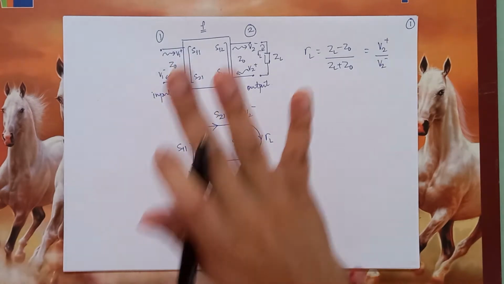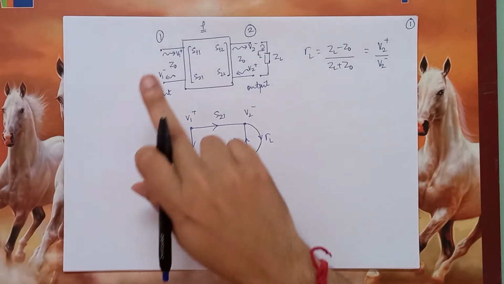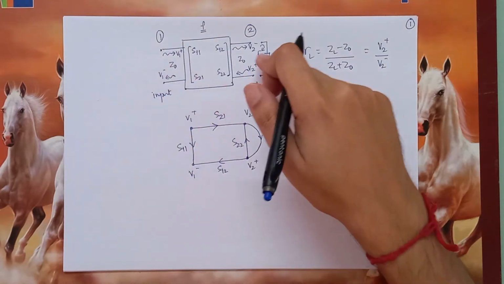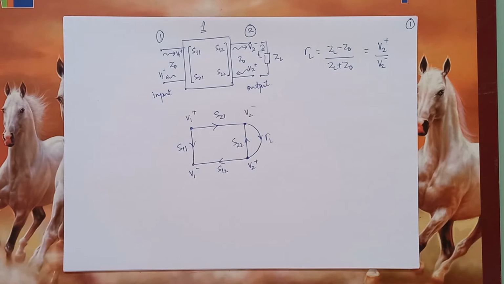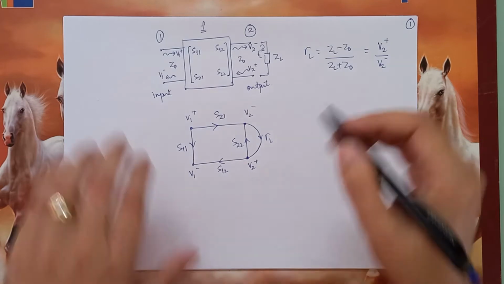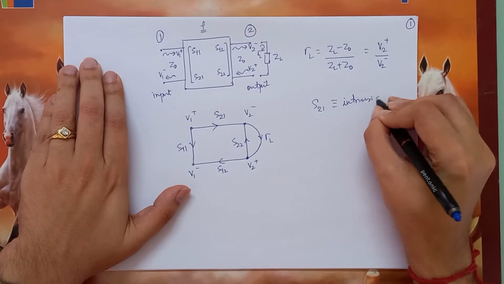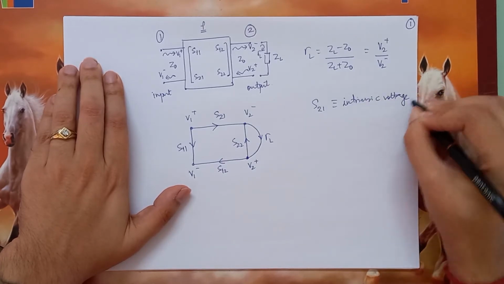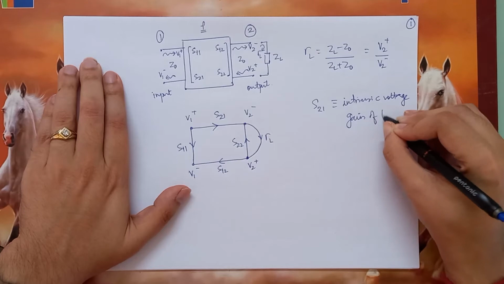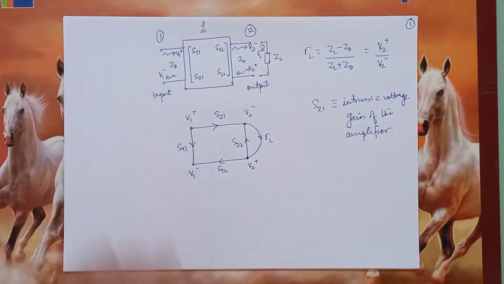In an ideal scenario, by virtue of the definition of the S parameters, any input at port 1 will cause some output at port 2. So the voltage gain of this amplifier would be S21. We call S21 the intrinsic voltage gain of the amplifier.